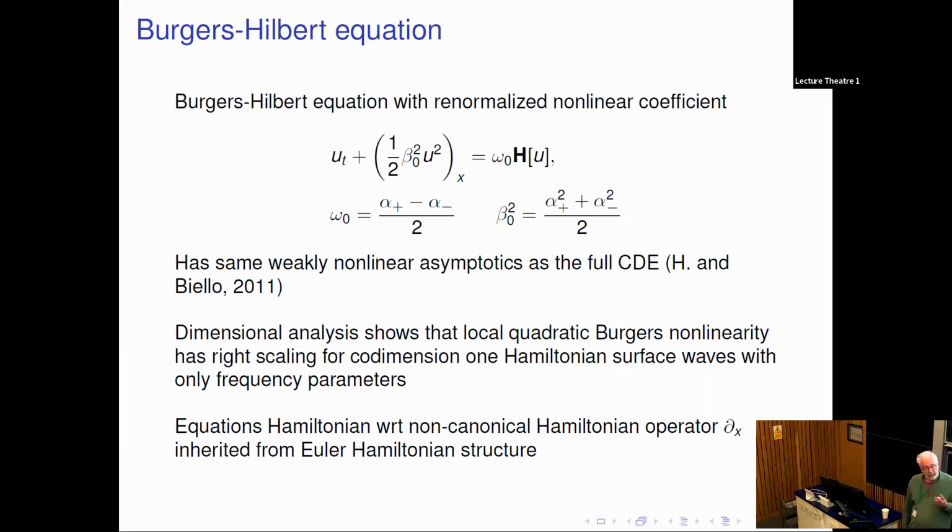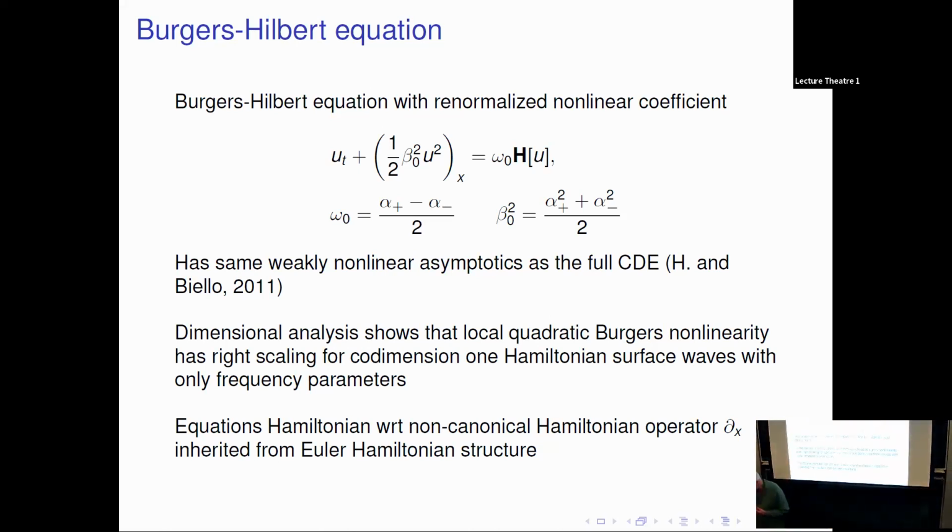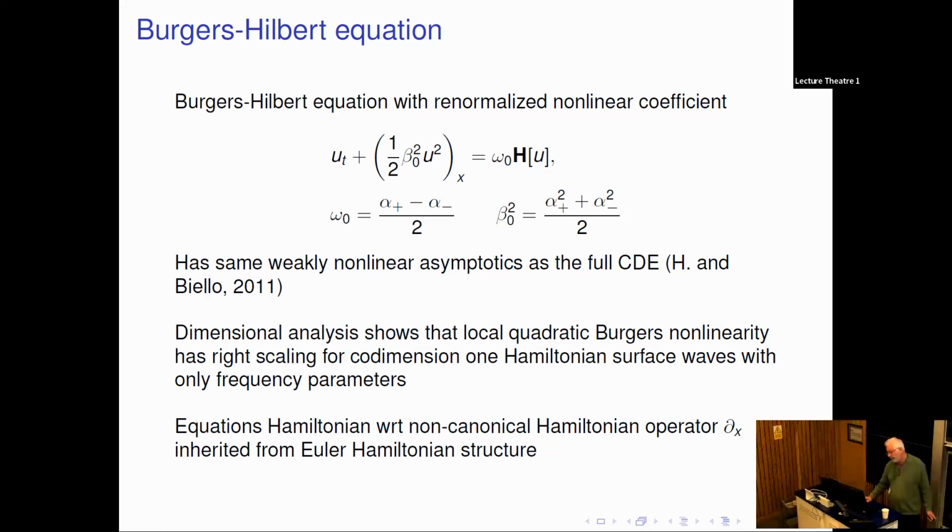The only dimensional parameters are frequencies. And you can show that this is exactly the kind of nonlinear term that respects that scaling. It's not the most general one, but it's a very simple local term that does that. So that's some explanation of why this Burgers-Hilbert equation is relevant to the vorticity discontinuity.